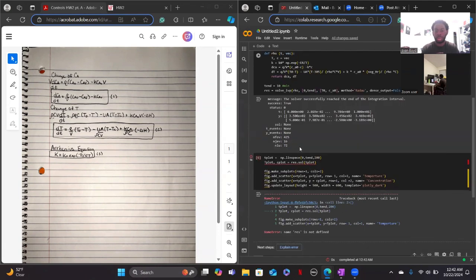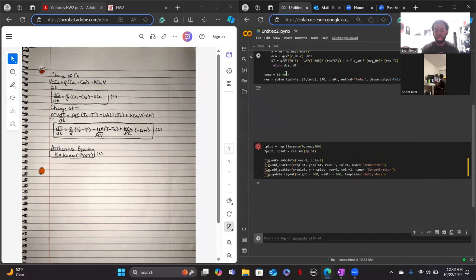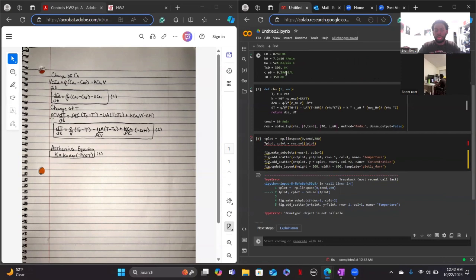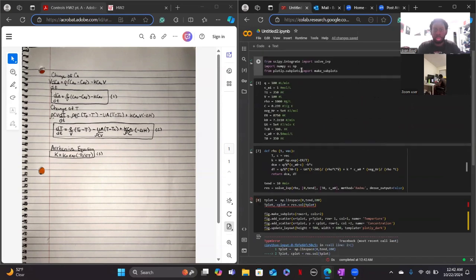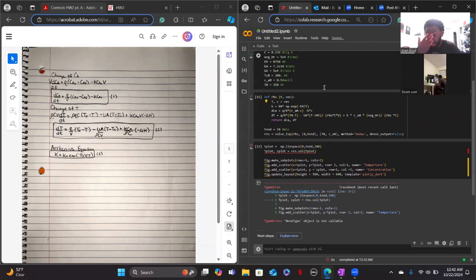Res is not defined. NoneType object is not callable.